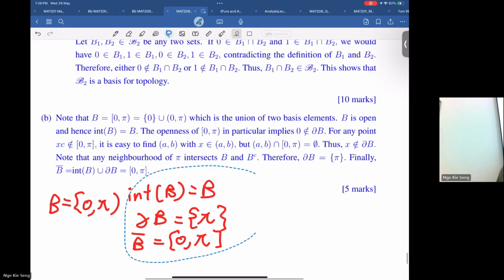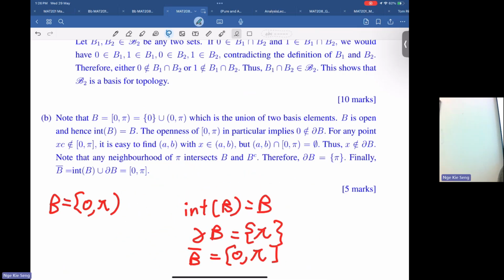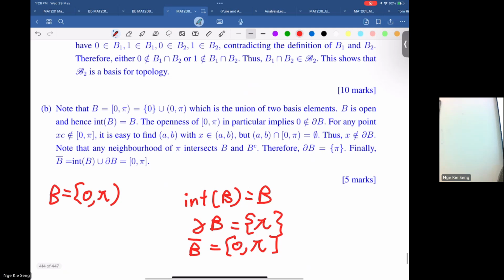If I were to write B using the topology in this case, it is the open interval 0 to pi union with the singleton like this. So you want to ask about what is in B? The definition of interior of B.